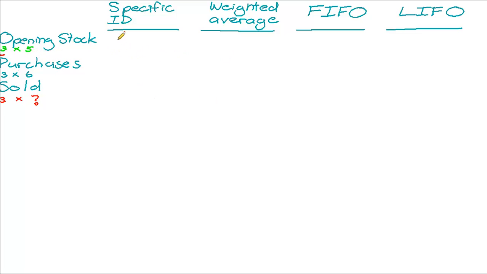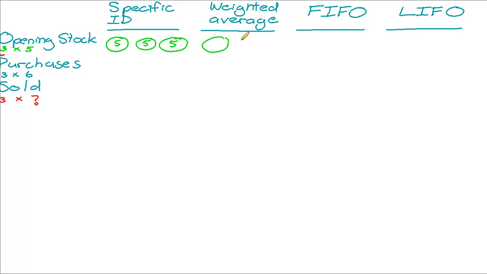So let's just draw our 3 opening pies here. Here we go. We've got 3 opening pies under the specific identification method. They each cost us 5 Rand.